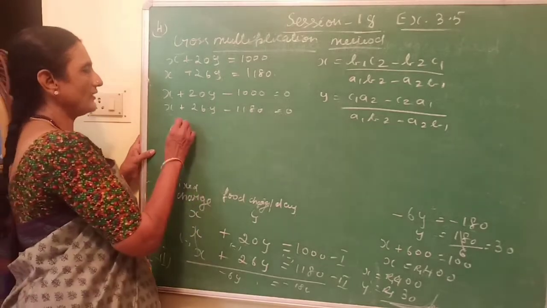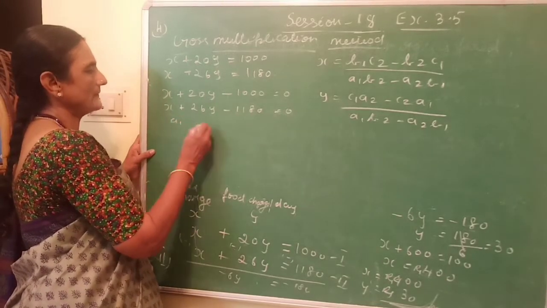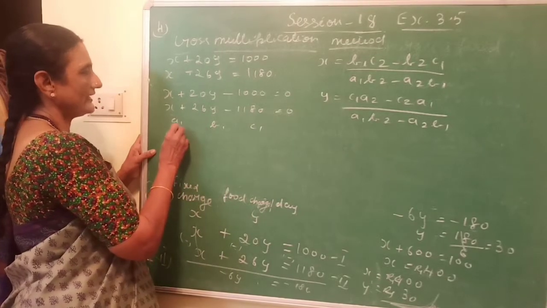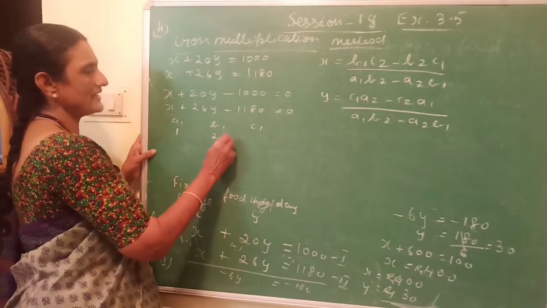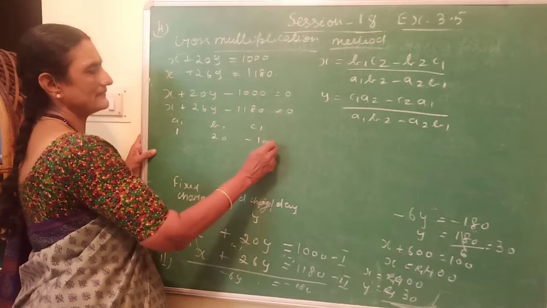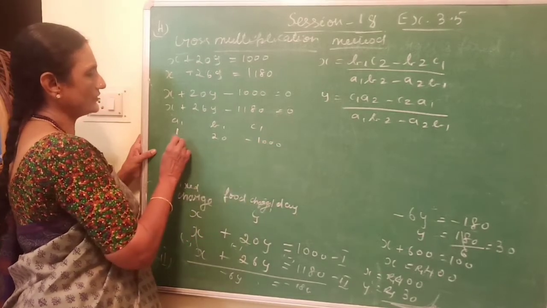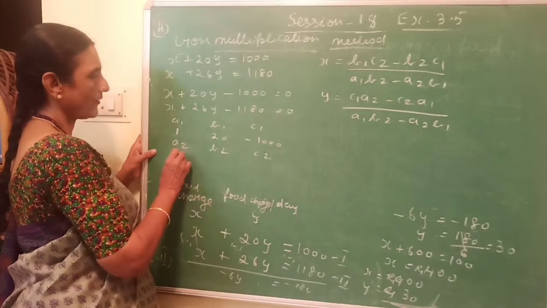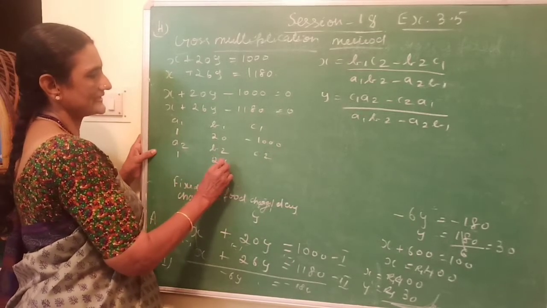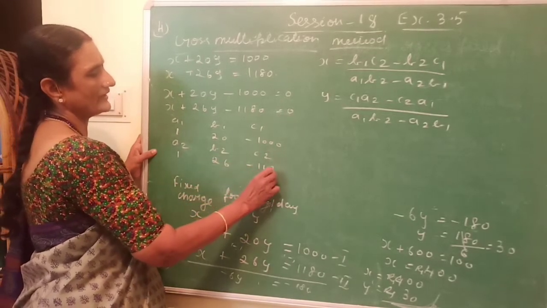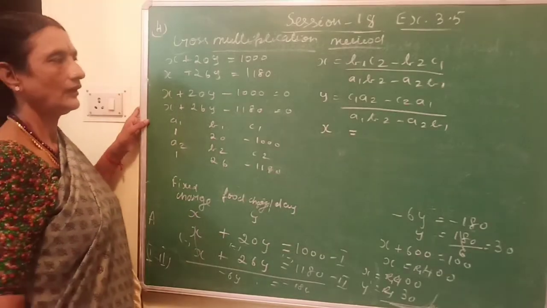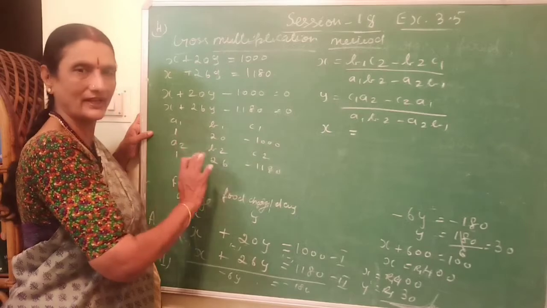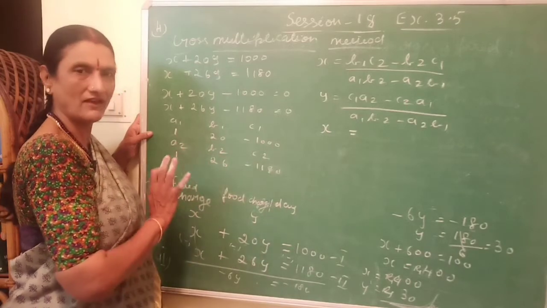Now you write the values a1, b1, c1: 1, 20, minus 1000, and then a2, b2, c2: 1, 26, minus 1180. So we have written down what x is equal to, and what a1, b1, c1, a2, b2, c2 are.